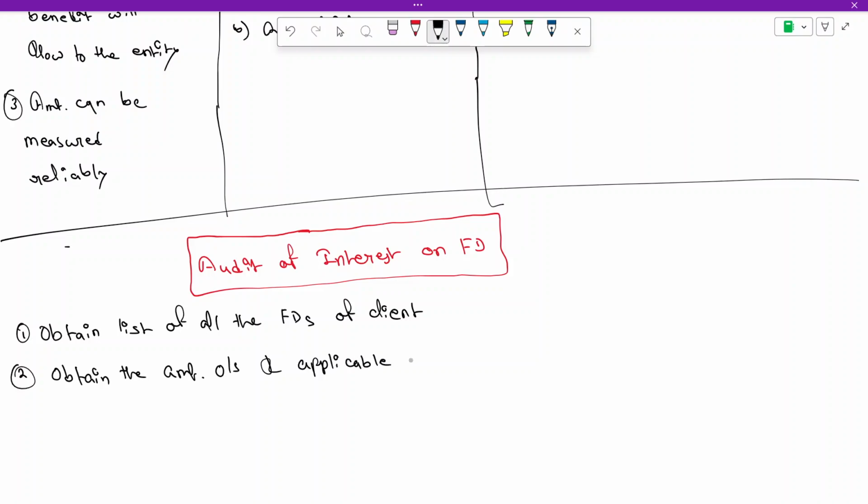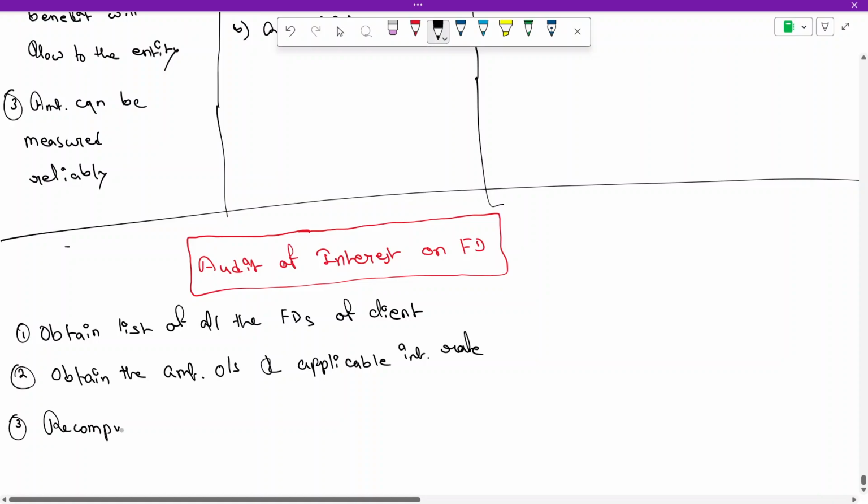Recompute the interest on FD to ensure arithmetical accuracy.